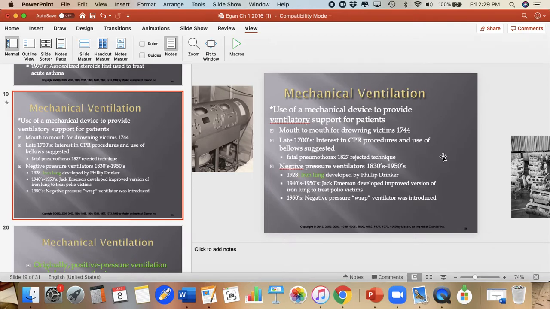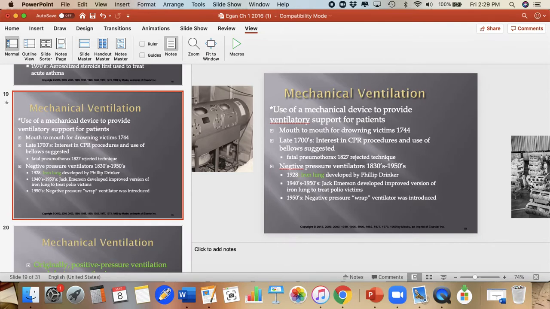We have positive pressure ventilators, but before we had those, we used negative pressure ventilators, and specifically, maybe some of you have heard of it, the iron lung that was developed in response to the polio outbreak of the 1940s and 1950s. It was very popular to have people on this iron lung. The tricky thing is that they were bound to it.